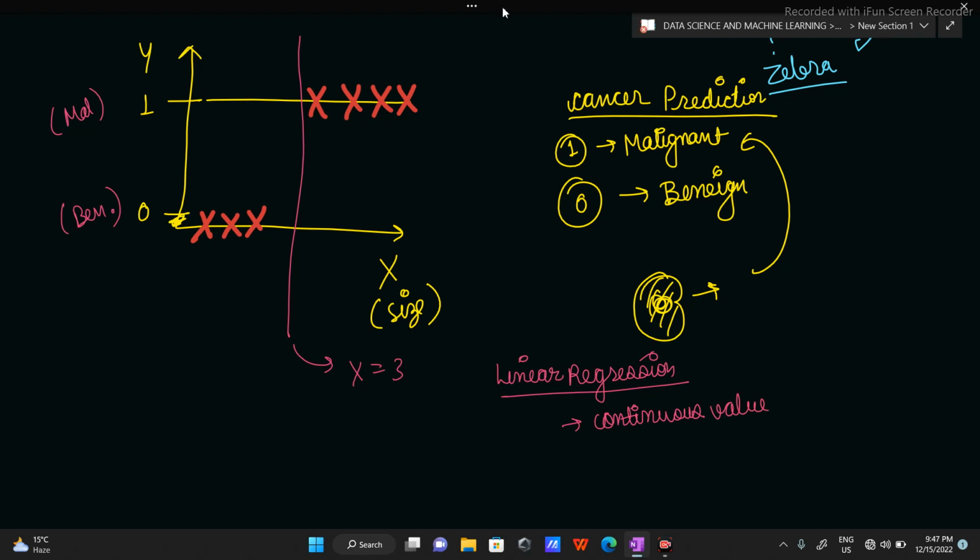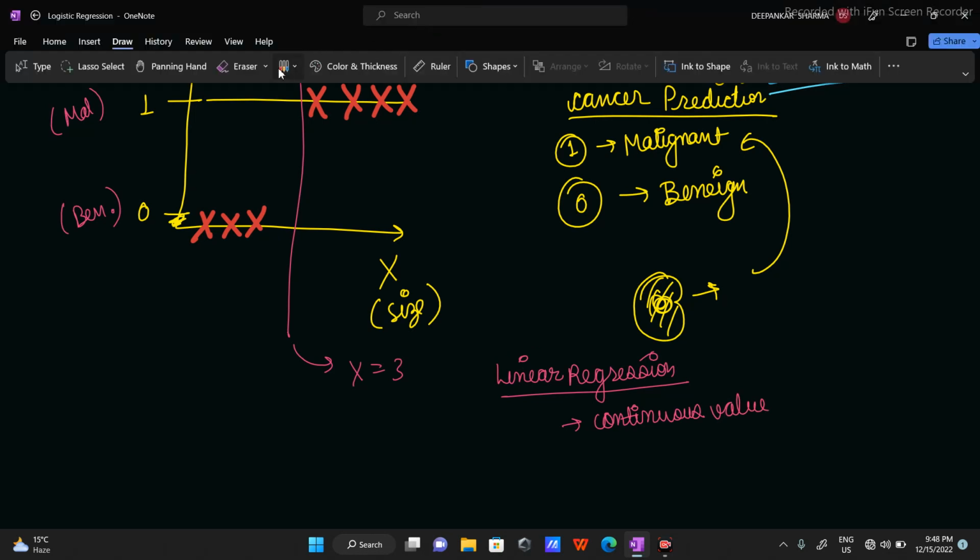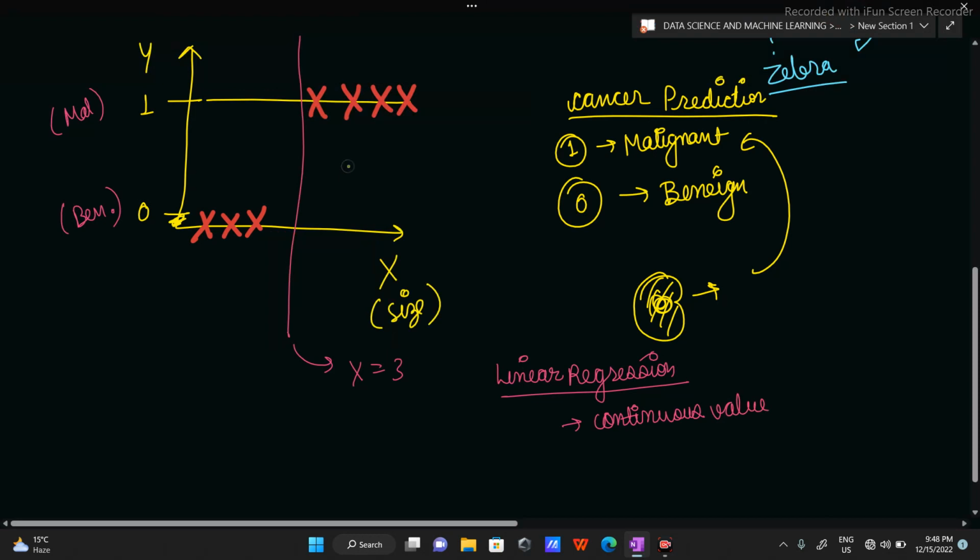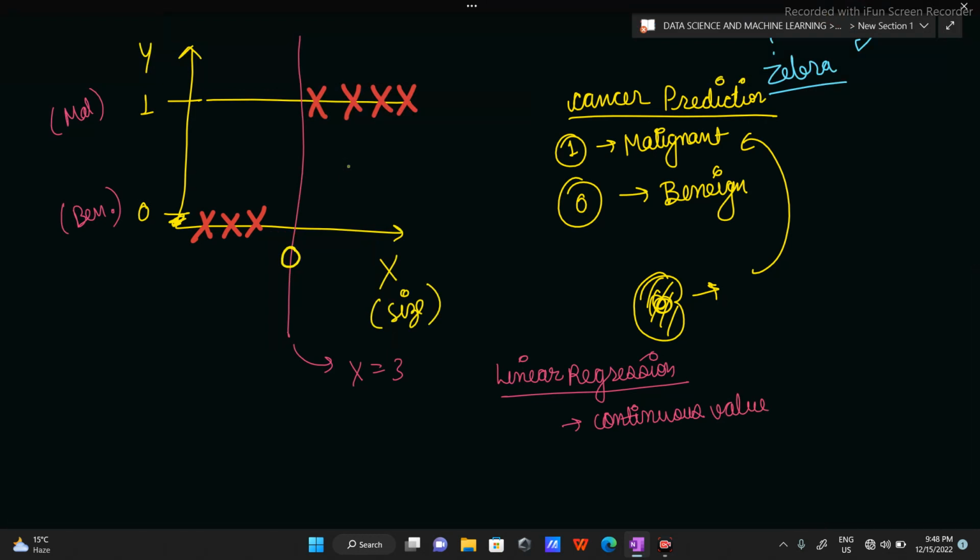So for every point, it will predict something on this line, but we do not want that. We want only two classes. Furthermore, another issue: suppose I have a data point here, and this should be classified as malignant, but linear regression will see a new data point and try to fit it better.